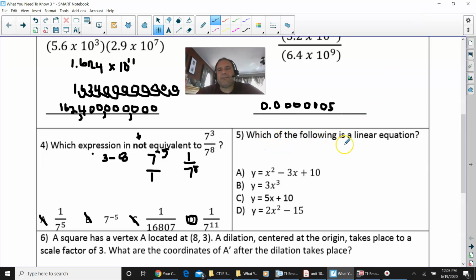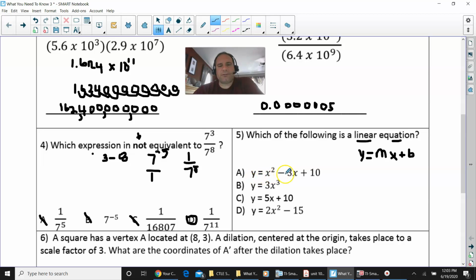Number 5 is, which of the following is a linear equation. So linear equations, you remember what the formula for a linear equation is: y equals mx plus b. So anything in that format, you will say is linear, is a straight line. So we're going to look for that format.